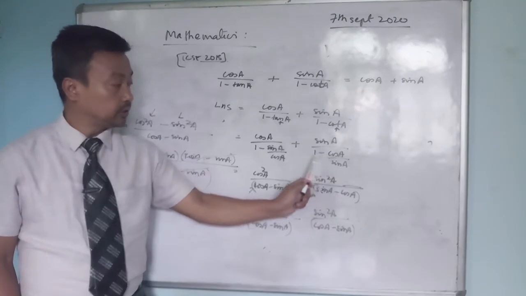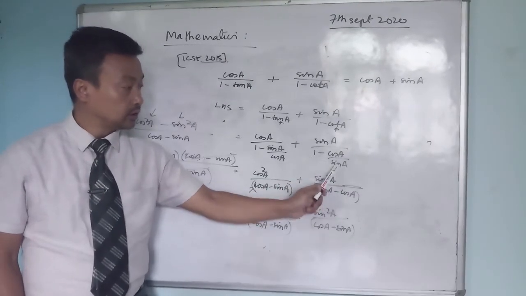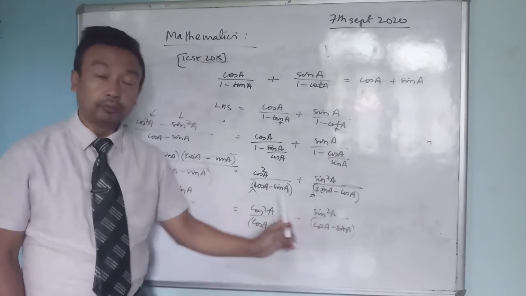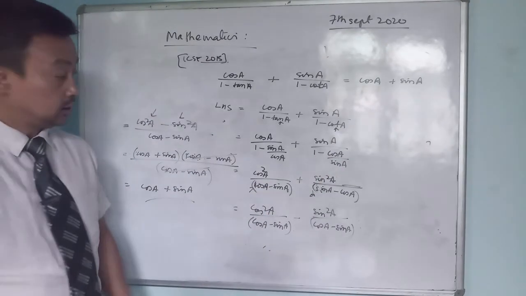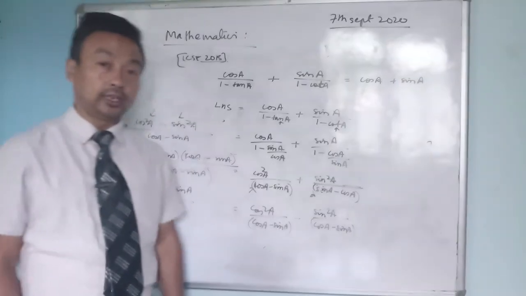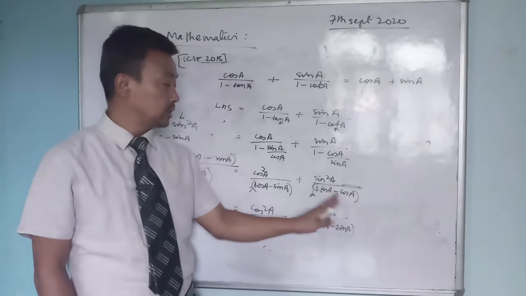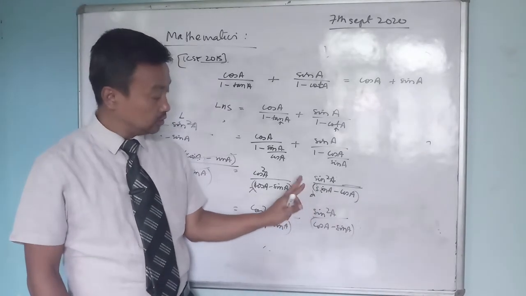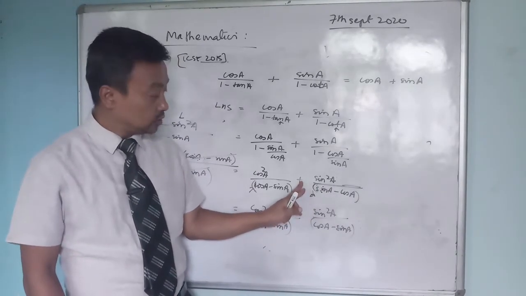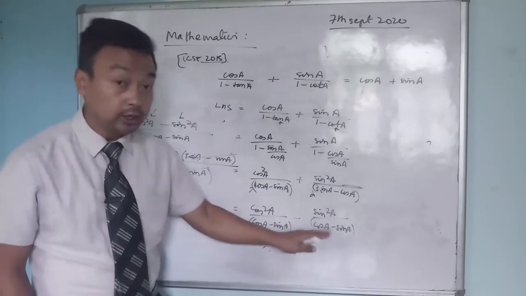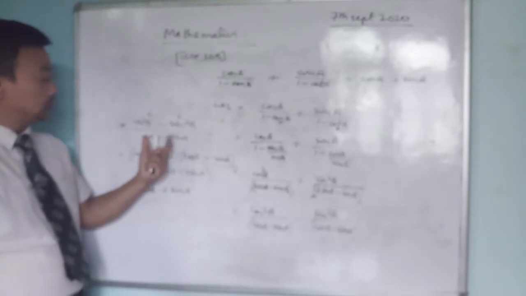Here also same thing, sin A minus cos A, sin A will go up and multiply. These two we have to make equal so that it is easy for us to take the LCM. So how can you make it equal? You can interchange their position by simply taking minus common or changing the sign. So this plus became minus. So these two, now the denominator looks same, so the LCM will be same.